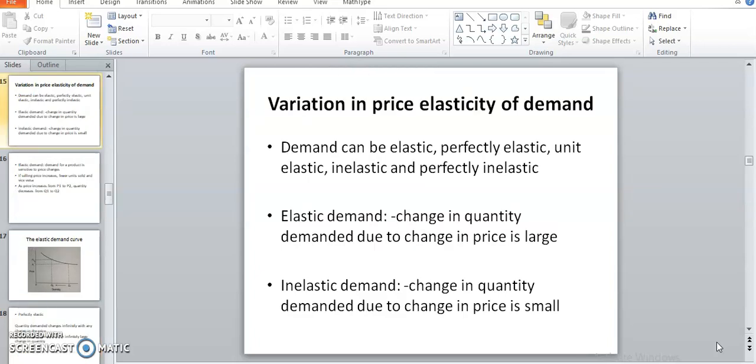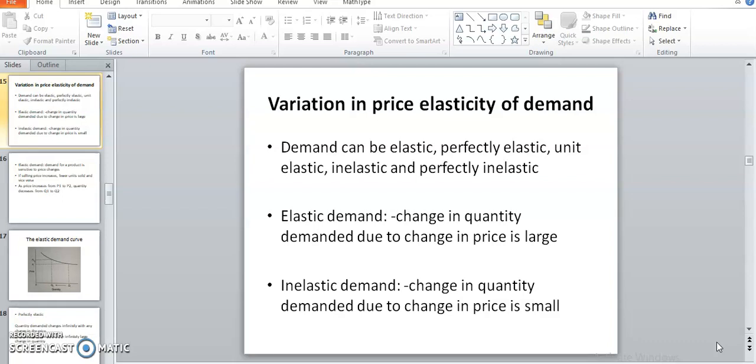The price elasticity of demand may be elastic, perfectly elastic, unit elastic, inelastic, or perfectly inelastic.